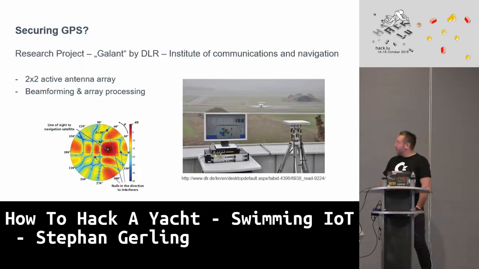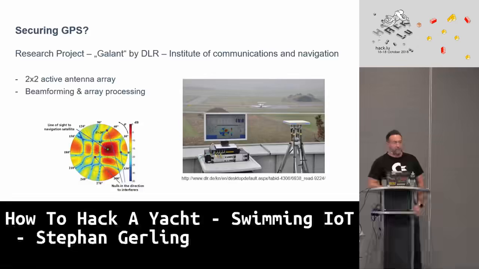What else can we do? There is a research project from the DLR. They call it Galant, and they have a 2x2 antenna array. With this 2x2 antenna array, they can calculate whether the signal is sent from the real satellite position or from a spoofed satellite position.